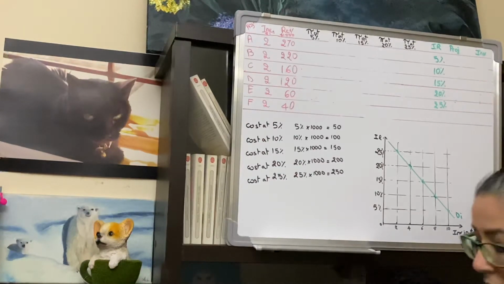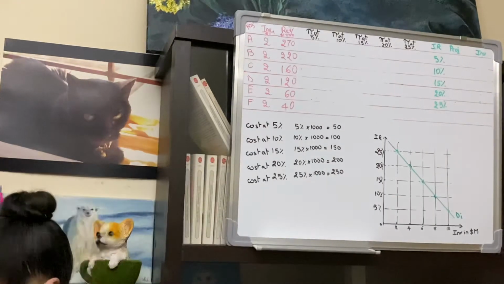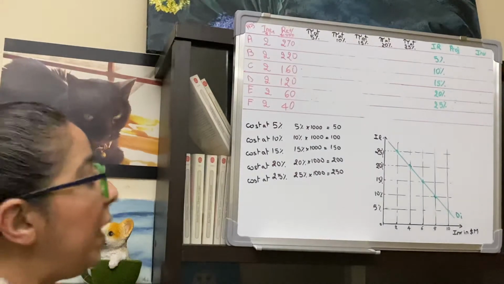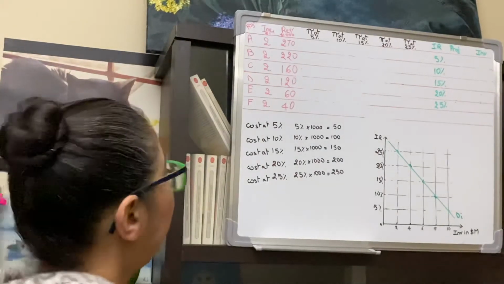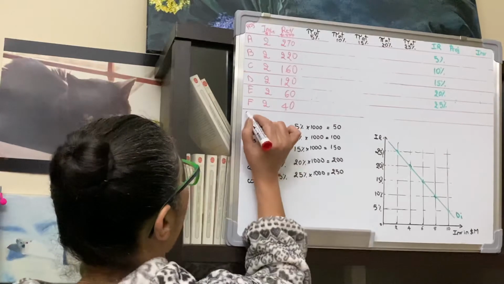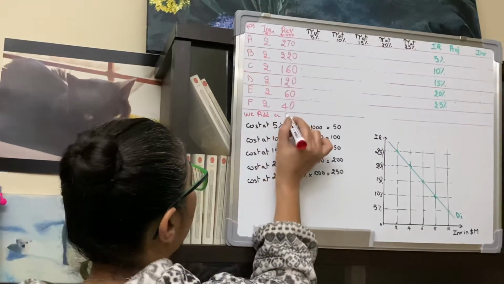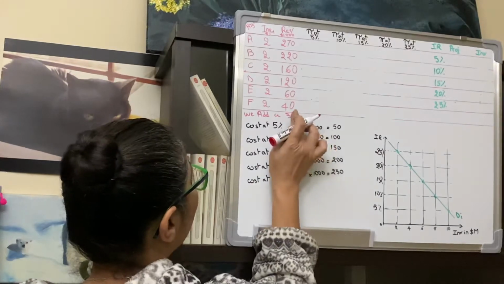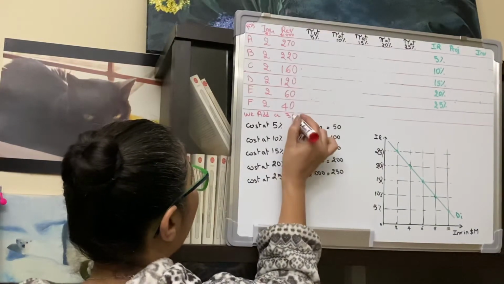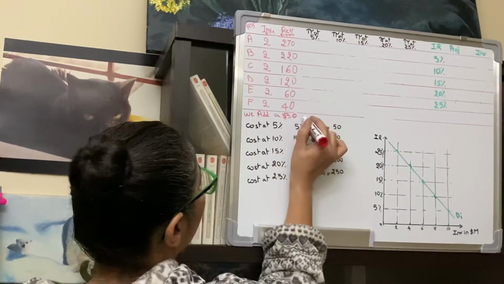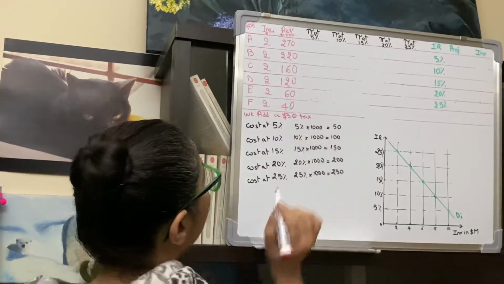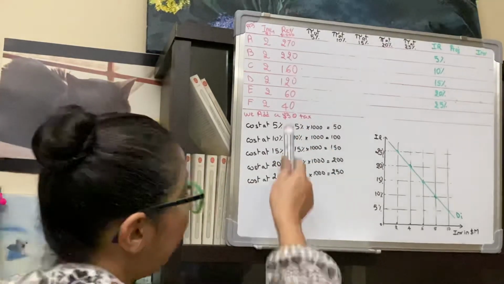Okay, now first thing we're gonna do is to calculate the cost. Now here we add a $30 tax, okay? So now I got this here.